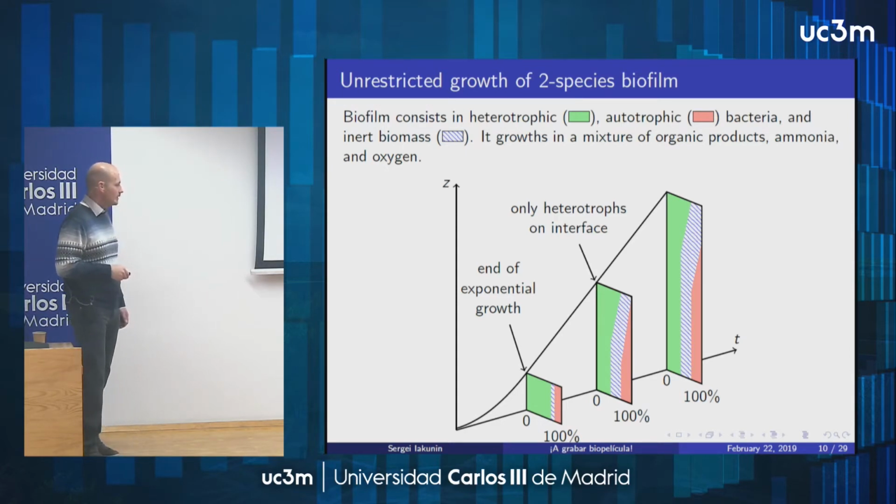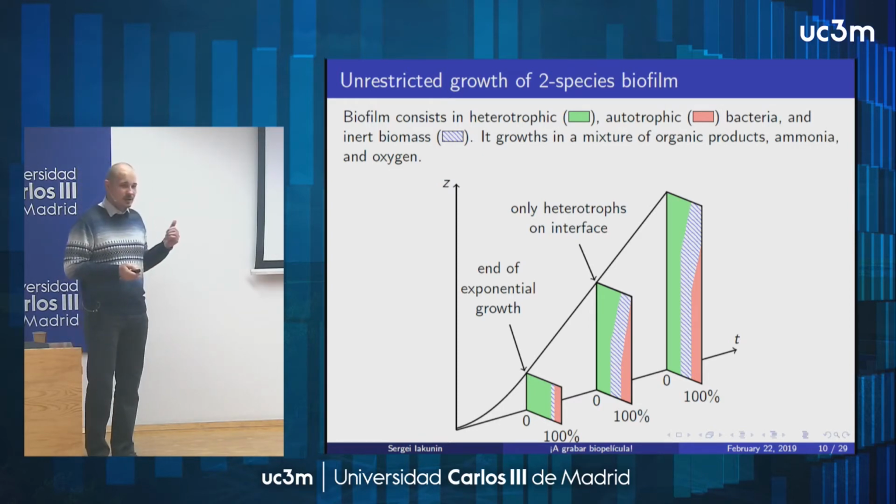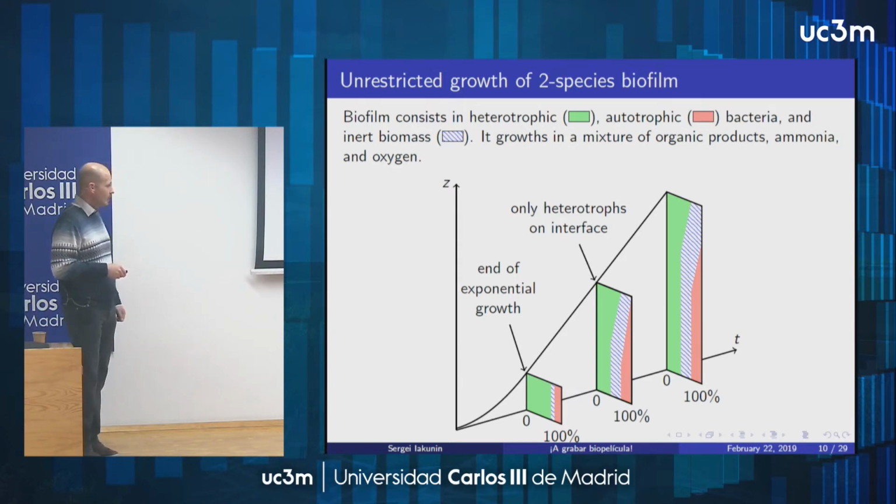So we start from a very thin biofilm, and firstly we can note that we have an interval of exponential growth, which corresponds to the case when there are enough nutrients and resources for production of biomass. So in this case, we have homogeneous distribution of all species along the thickness. So at the interface, we have the same volume fractions as we have at the bottom of the biofilm.